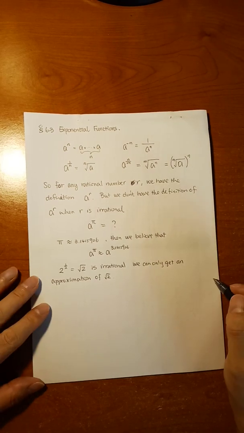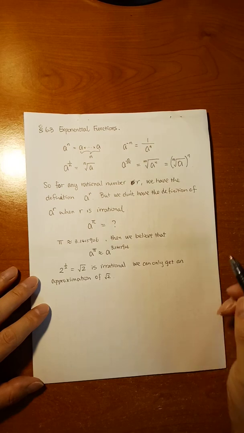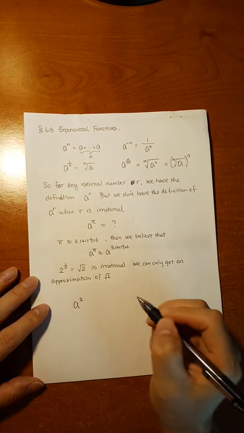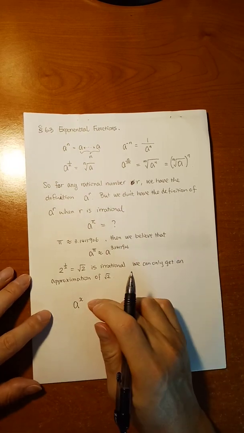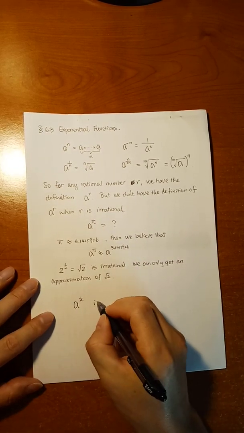So now we believe we understand all the power functions. What is a power function? So we understand when you have a, we can put whatever power here. And this is called an exponential function.